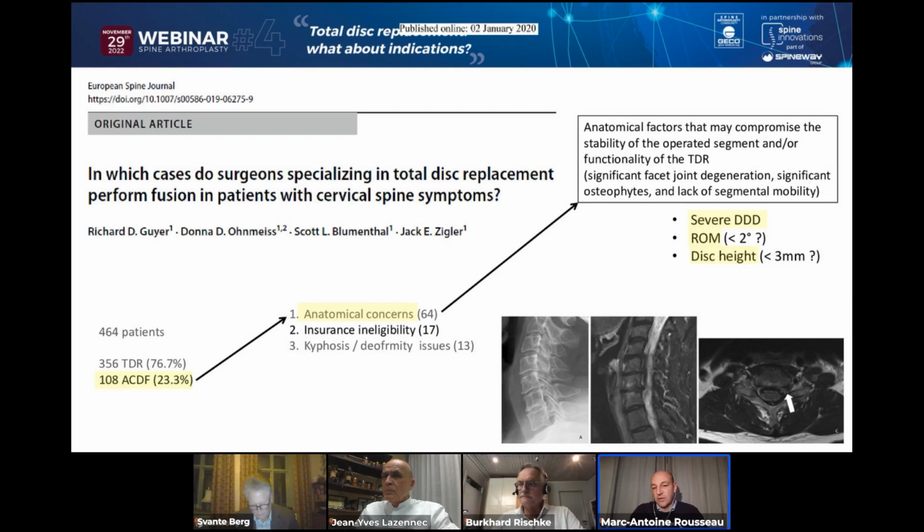In this discussion, it's about 2 degrees, and a very small disc height in that discussion is below 3 millimeters. So in that case, the degeneration appears to be too severe to make an arthroplasty usable, and that's the only case for them for using ACDF. Otherwise, they're fully users of arthroplasty.